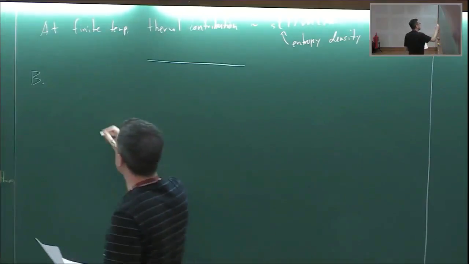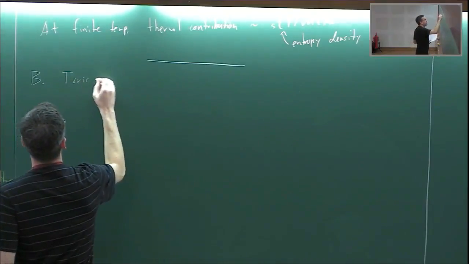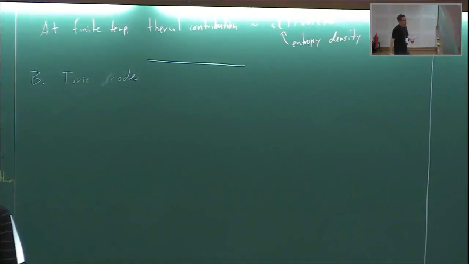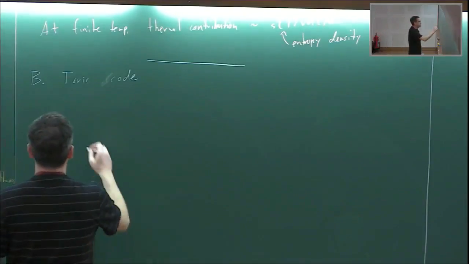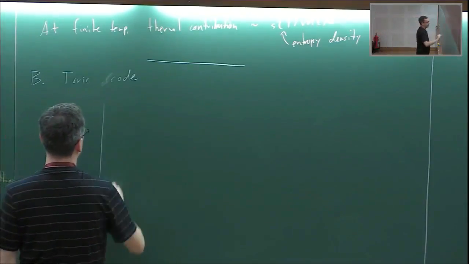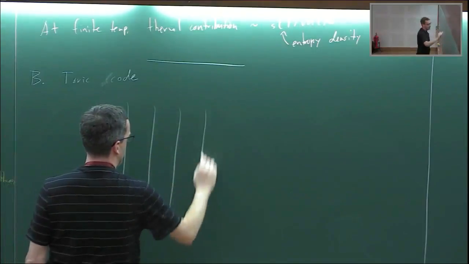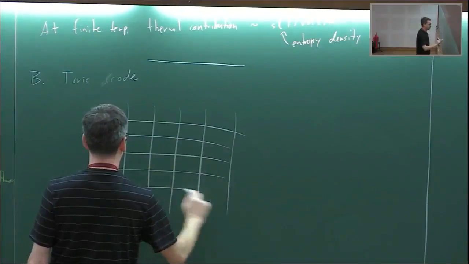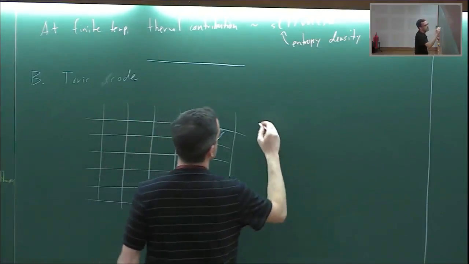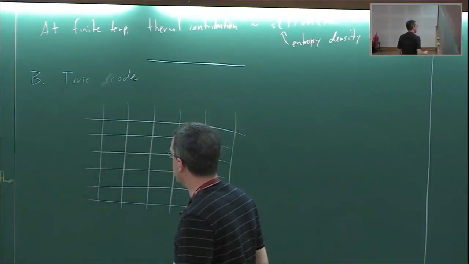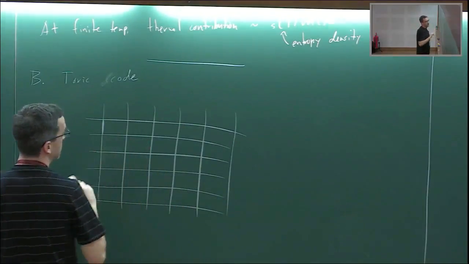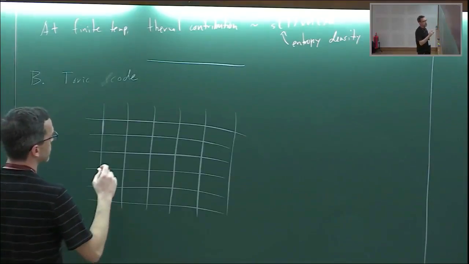Okay. The explicit example I want to do is called the toric code. It's a two-dimensional spin system on a lattice. We have some infinite square lattice, and the spins live on the links, not on the sites.